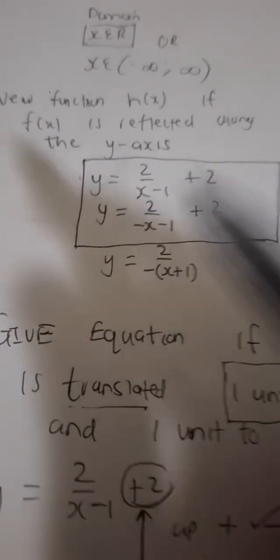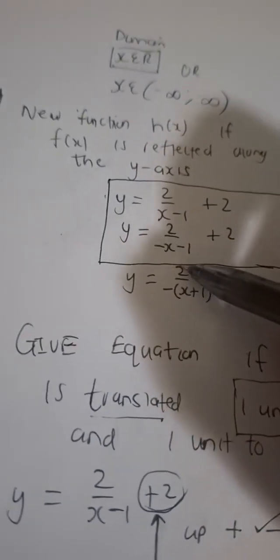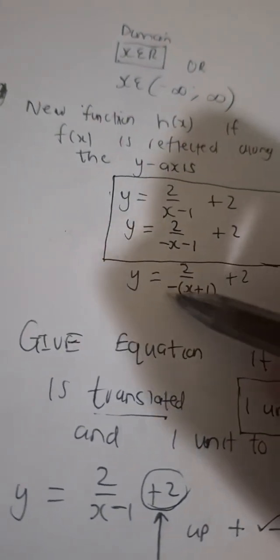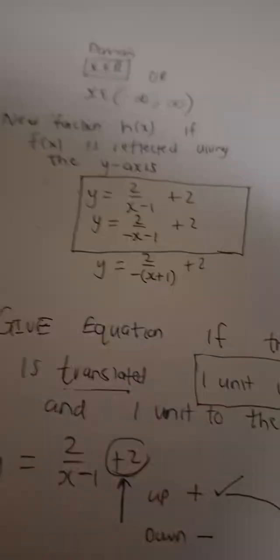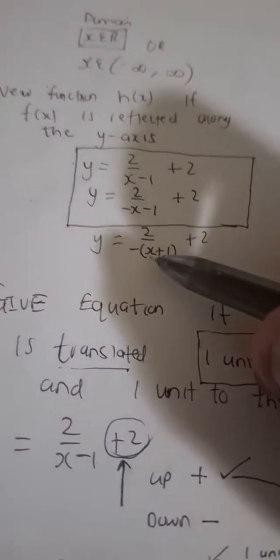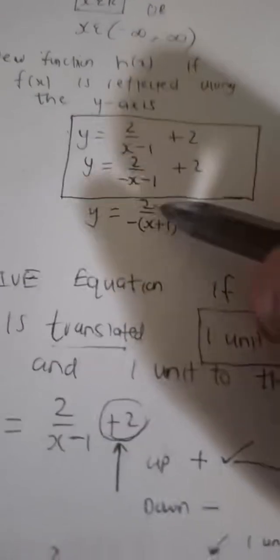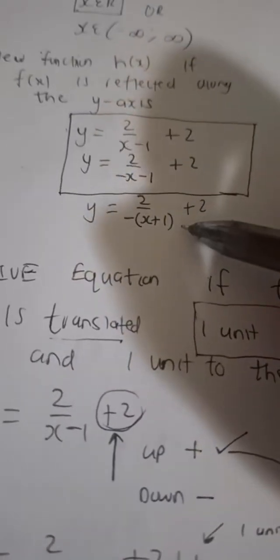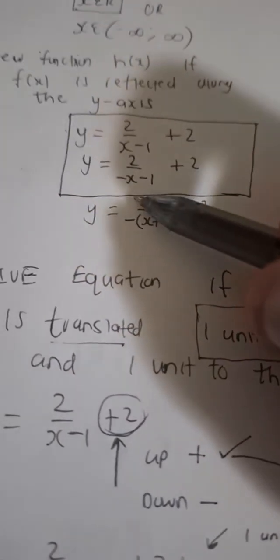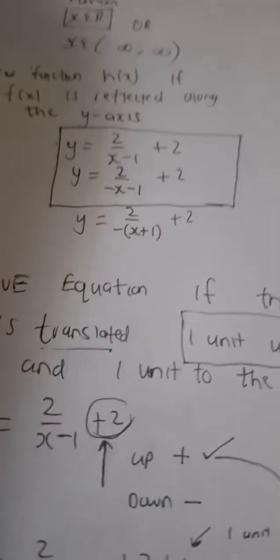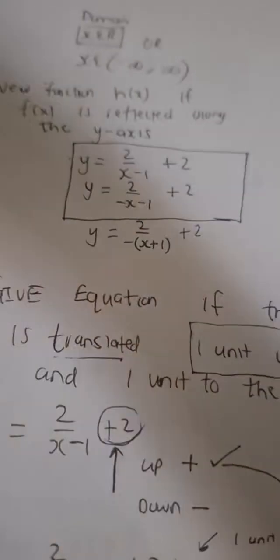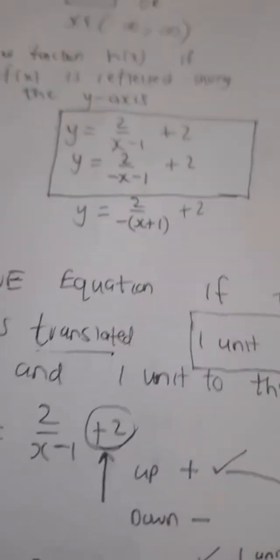You take out the negative sign, we are left with x plus 1. Remember, the brackets make it one term in the denominator, and the negative is acting as a coefficient of the bracket.